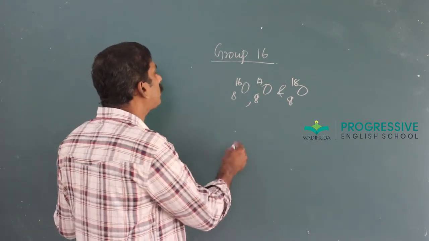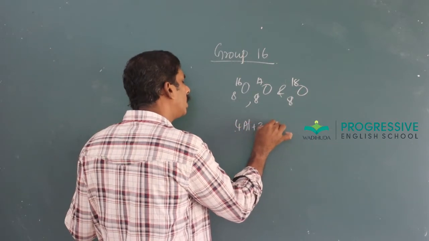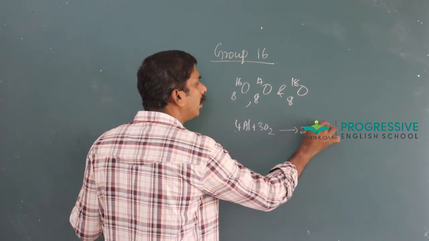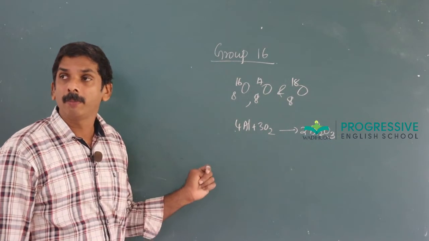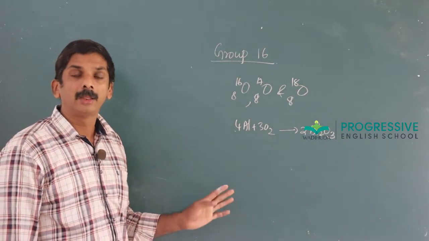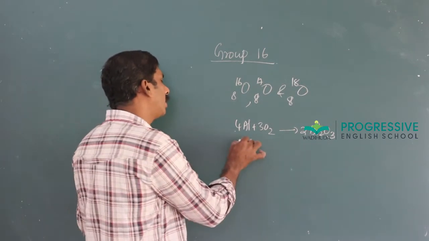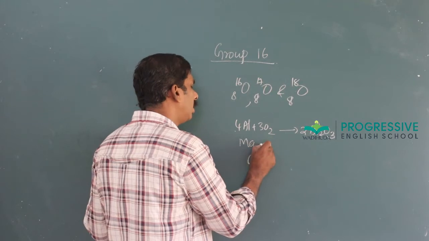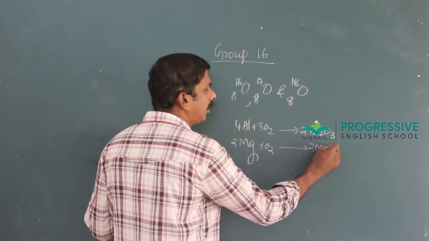Oxygen reacts with aluminum to form aluminum oxide, sodium to form sodium peroxide, lithium to form lithium monoxide, and magnesium to form magnesium oxide. Mg plus O2 gives 2MgO.